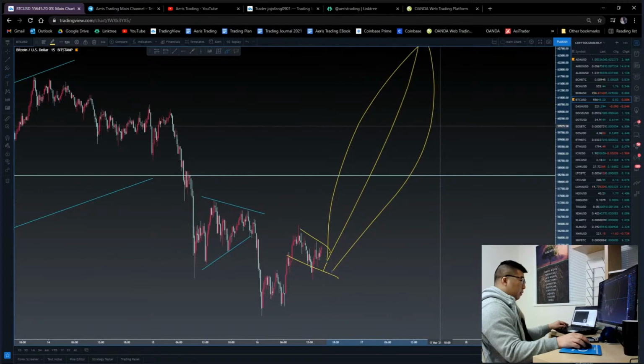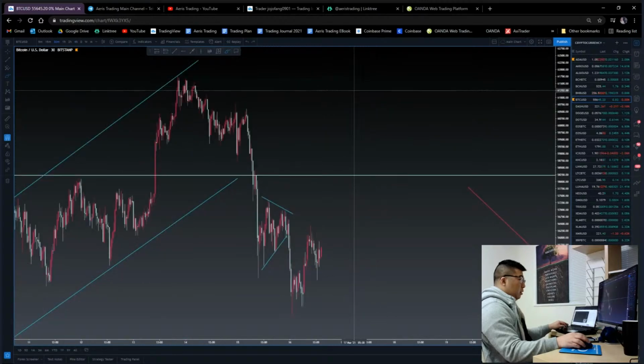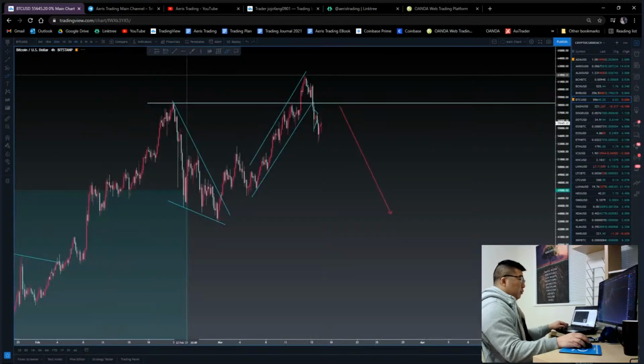Not likely. That's why I don't see a 5-minute flag and expect it to take off massively. That's not how we look at the market, right? We see it from a multi-time frame top-down approach, which will give you more confirmation to look for a bias for the sell or a bias for a buy. All right.